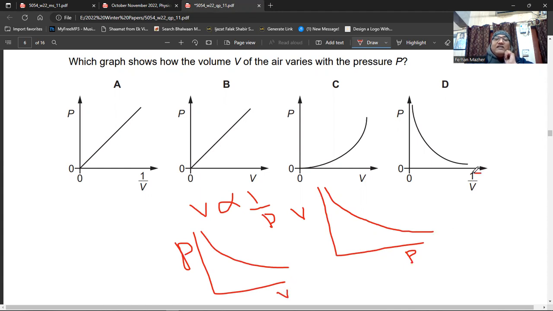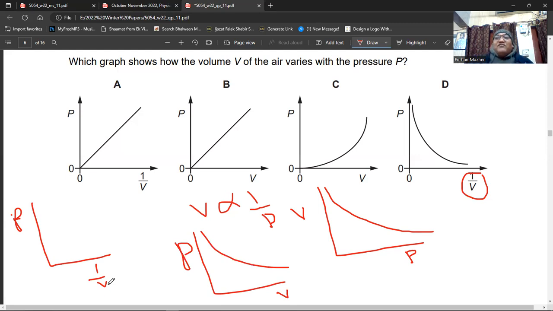But if you look at these quantities, this is 1 by V. So here it should have been V. If you draw a graph between the pressure and 1 by V, the pressure is directly proportional to 1 by V. Remember this sentence: the pressure of the gas is inversely proportional to the volume of the gas, but if you take 1 by V, then it's directly proportional.